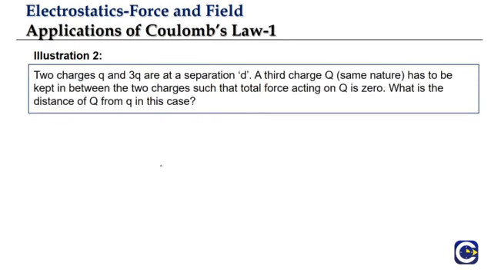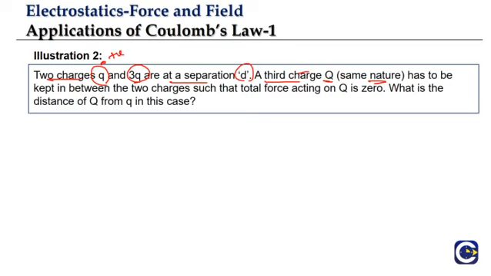So look at this question. 2 charges Q and 3Q. This model of question is quite popular in competitive examinations. 2 charges Q and 3Q are at a separation D, meaning the distance between them is D. A third charge capital Q, of the same nature, meaning if Q is positive, then 3Q also is positive, and capital Q must also be of the same nature.